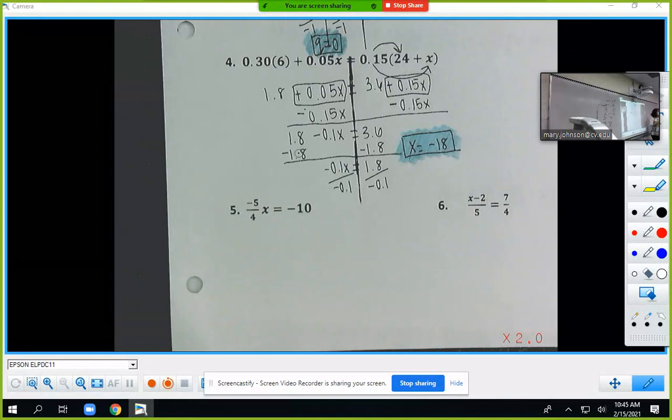So with decimals, my recommendation is, even though we could clear them out, there's a technique for dealing with this where you clear out the decimals by multiplying by a power of 10 that it would take to move the decimal point. That is an option. So like I could multiply here, for instance, by 100, and that would move over to be 30, that would move over to be 5, that would move over to be 15.